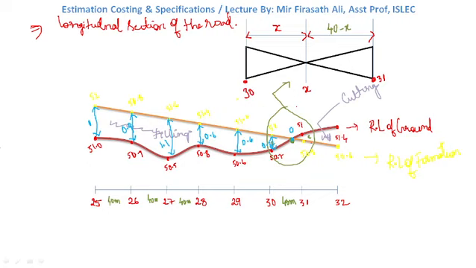Depth is 0, and again at this point it is 0.4. Again at this point the depth is 0.8. So here at 31 station what do we have? 0.4. So write down 0.4 over here, and here how much do we have? 0.3. At 30 station the depth is 0.3.